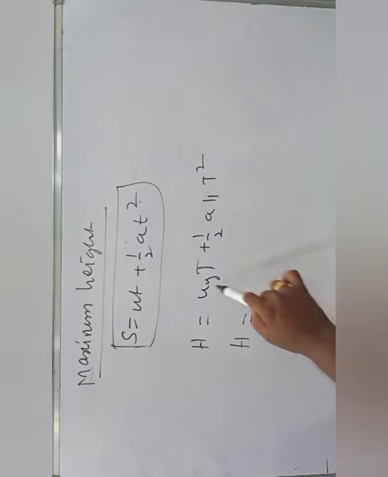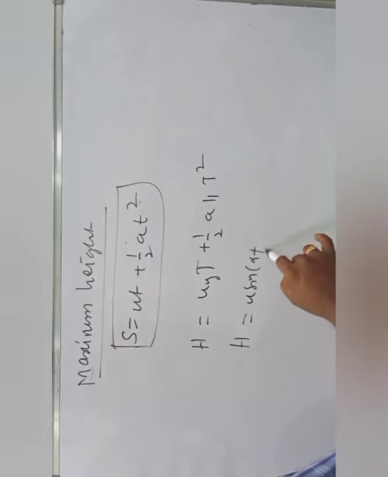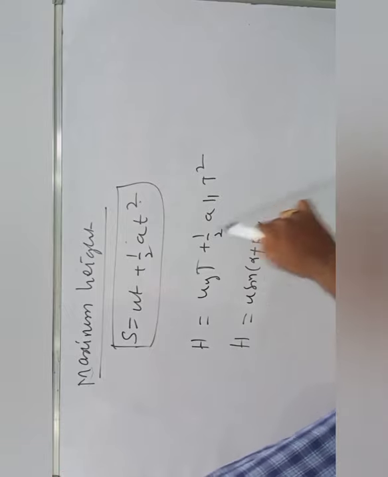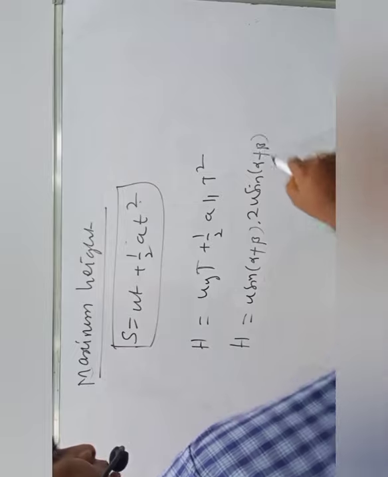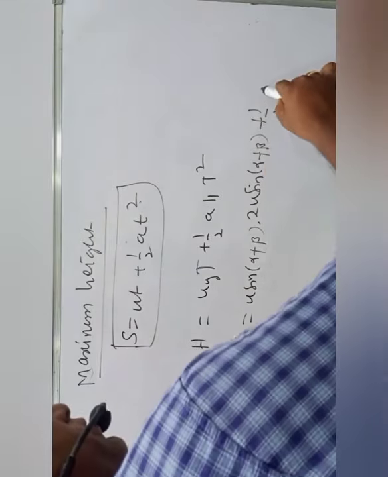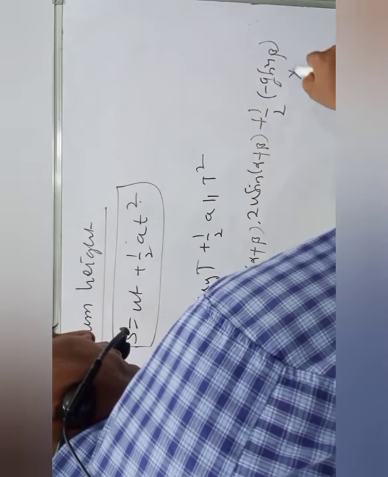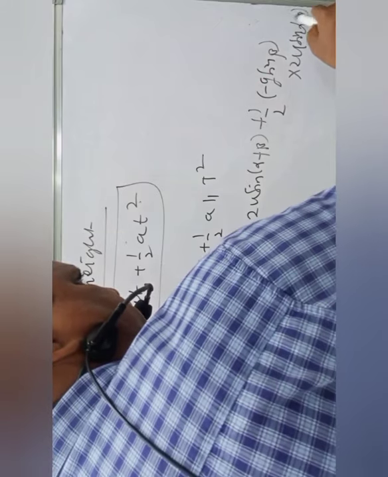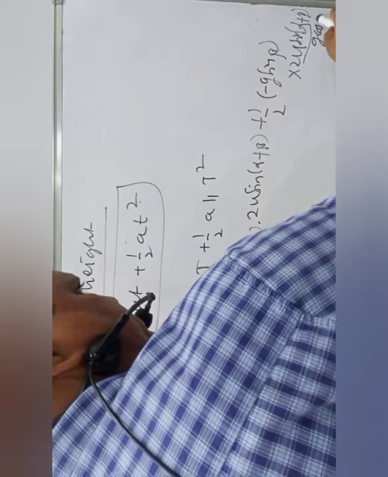By substituting the values, uy means u sin(alpha plus beta), and T is 2u sin(alpha plus beta) by g cos beta, and a parallel means minus g sin beta.